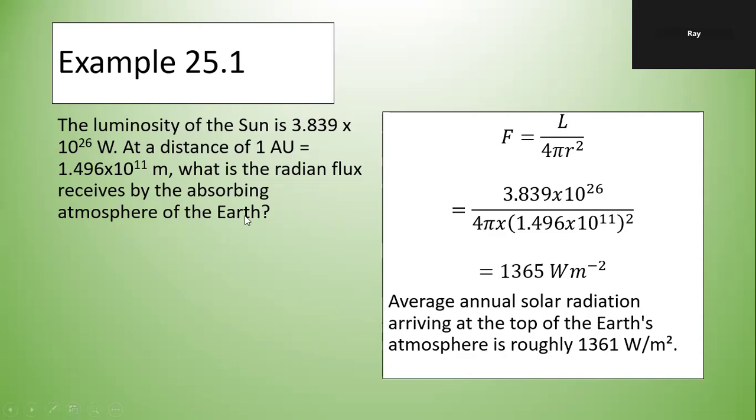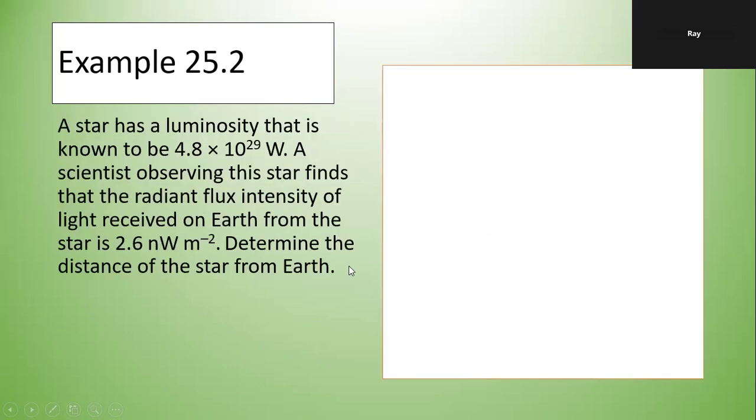Average annual solar radiation arriving at the top of the Earth's atmosphere is roughly 1361. Roughly where we get our calculation. A star has a luminosity that is known to be 4.8 times 10 to the power 29 watts.